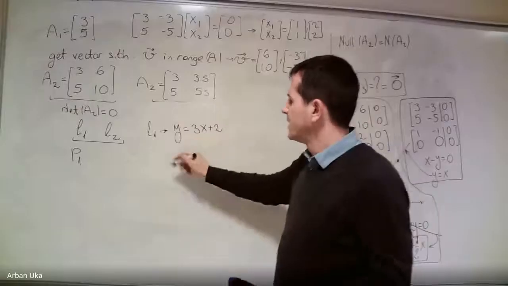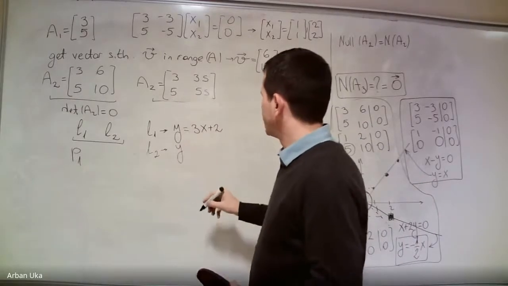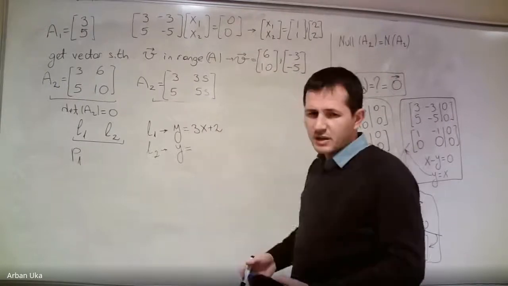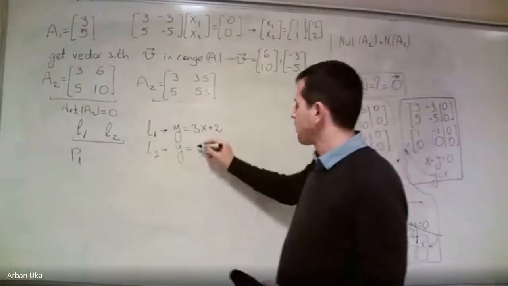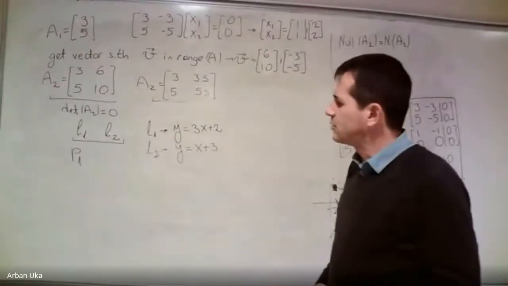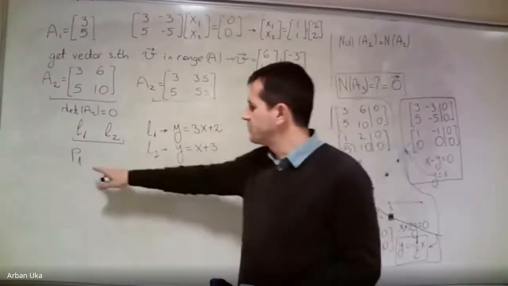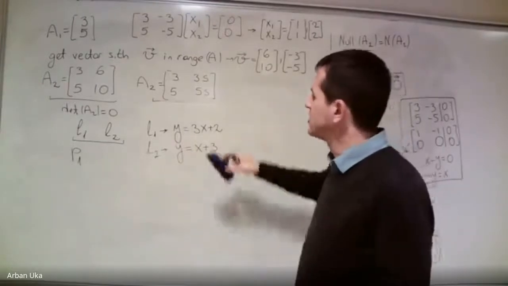Yes. Okay. Then let's have another line 2, which is going to look like y is equal to, give me a couple of numbers. x plus 3. Okay. And now we want to find the equation of a plane P1, which is defined by these two lines.